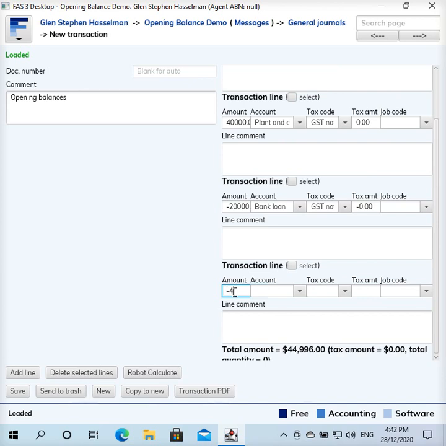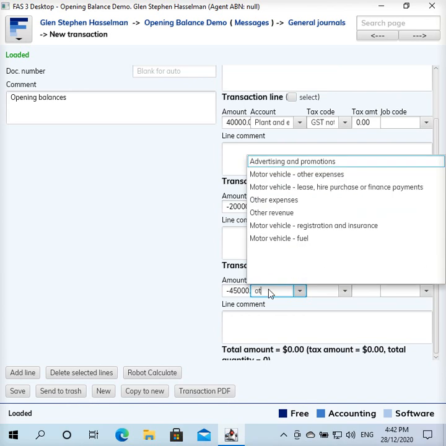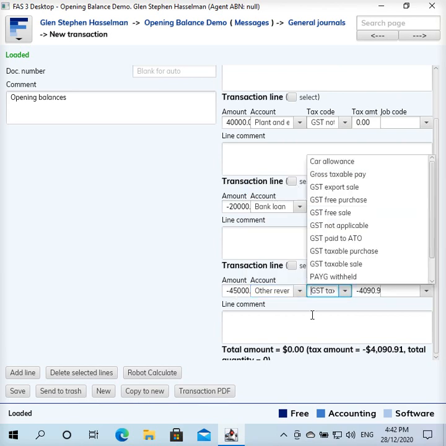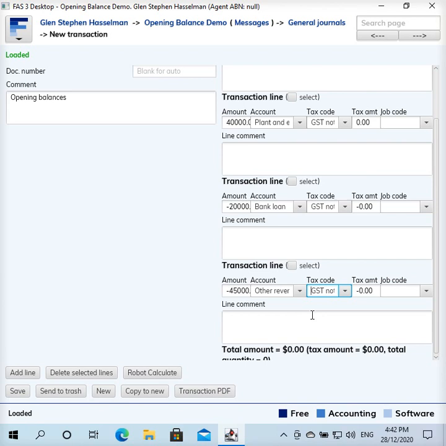So let's say the retained earnings, if you've done it all right, it should balance the journal to zero. So let's say the retained earnings was 45,000, and the account that I would pick is just this other revenue account. Again, make sure that GST is GST not applicable, and the account is other revenue.